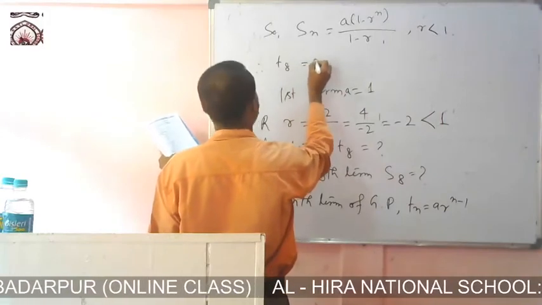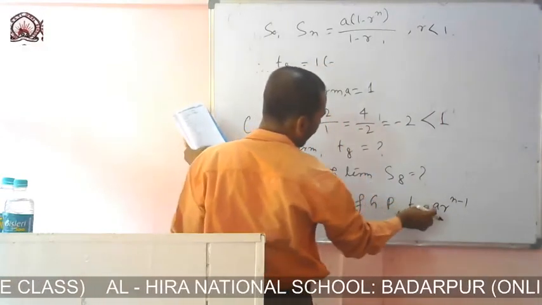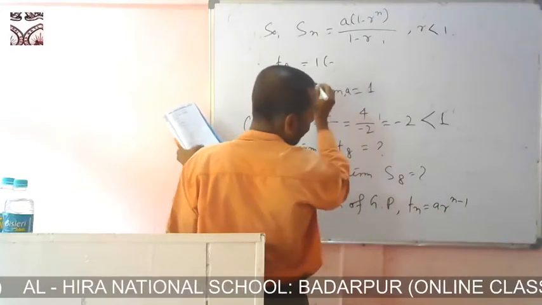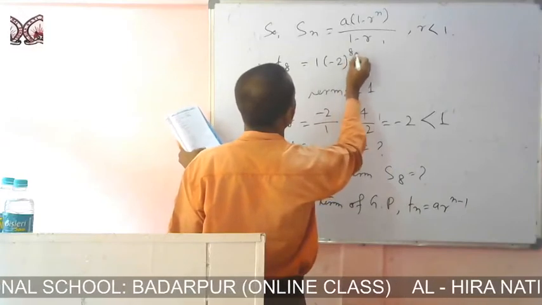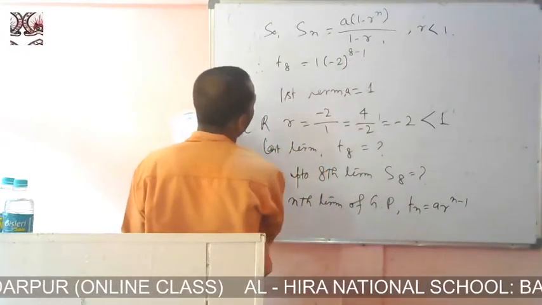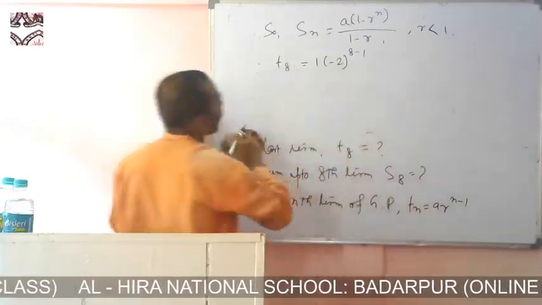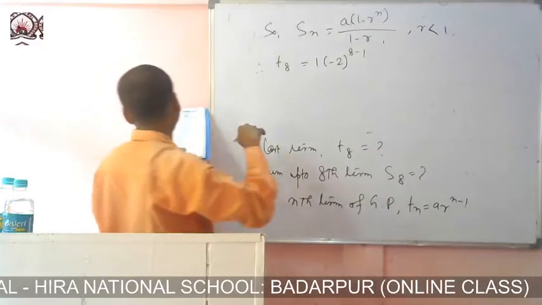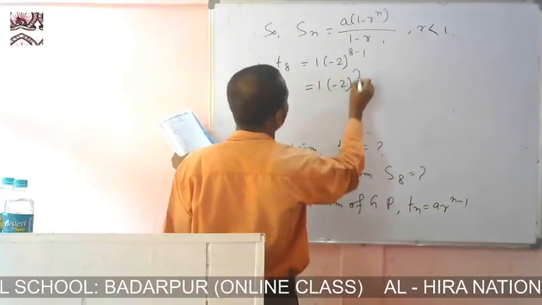So T8 will be 1 into r, which is minus 2, to the power 8 minus 1, so 1 into minus 2 to the power 7.